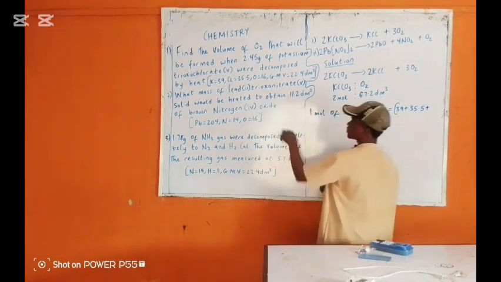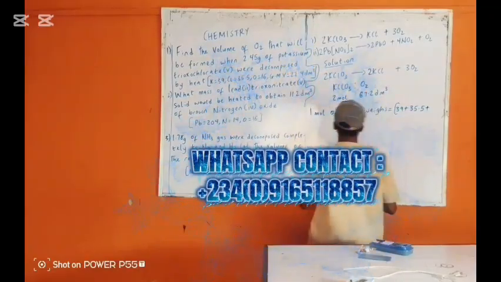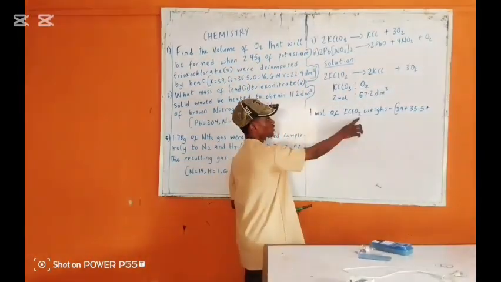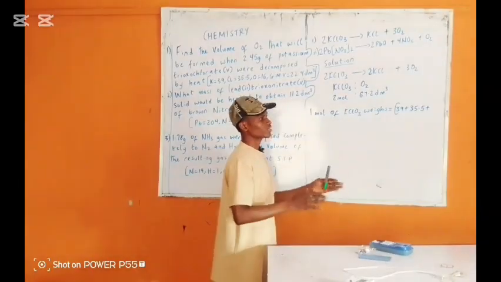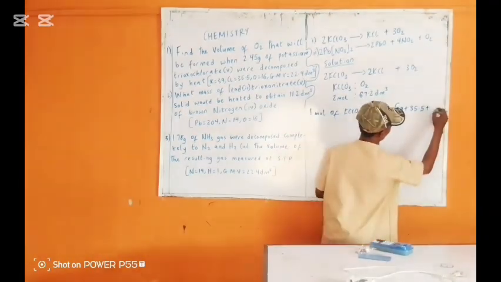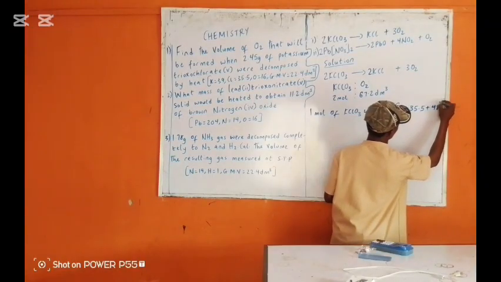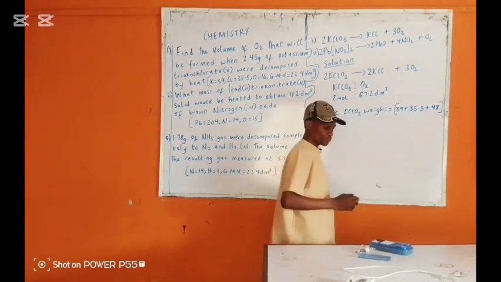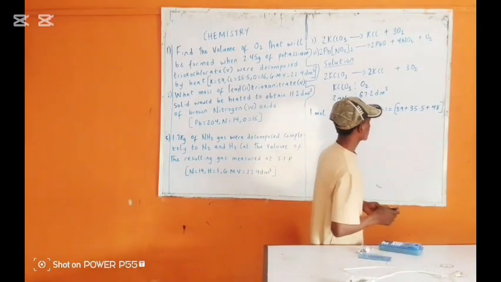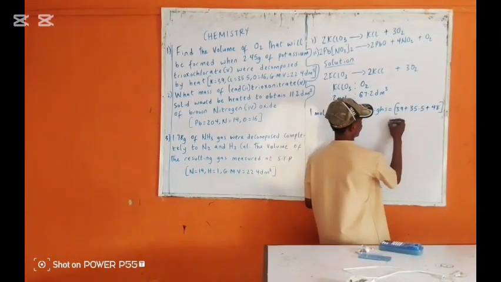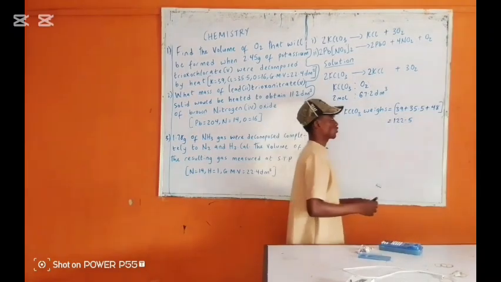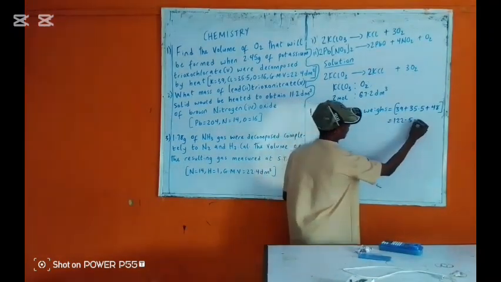Oxygen is what? 16. But how many oxygen do we have here? We have 3 oxygen. That will be 16 times 3. That will give us 48. So we have 48. So adding all this together, our answer is 122.5 gram.